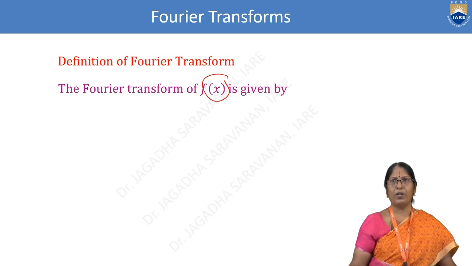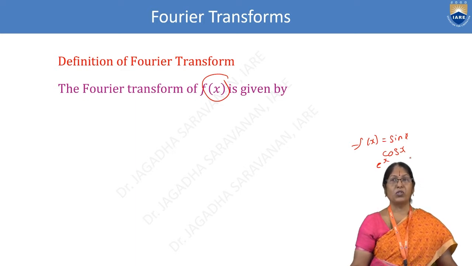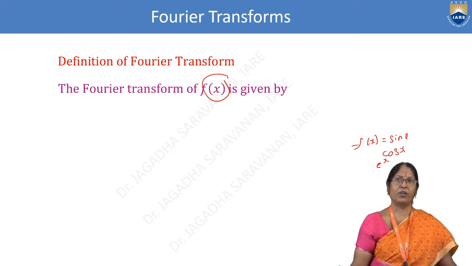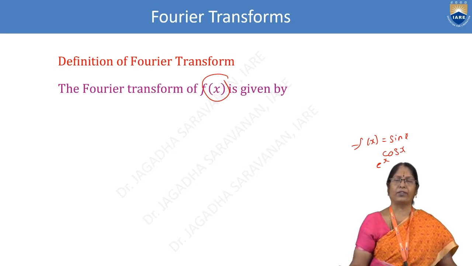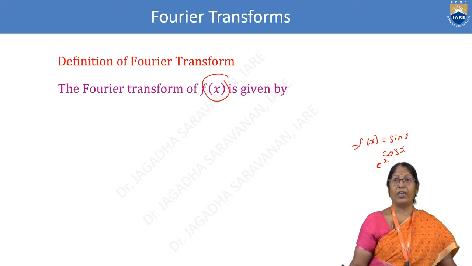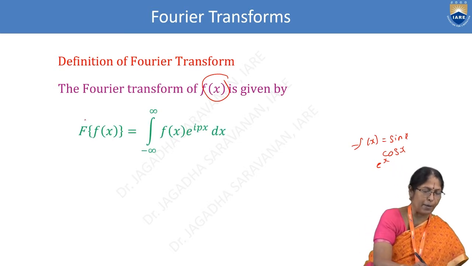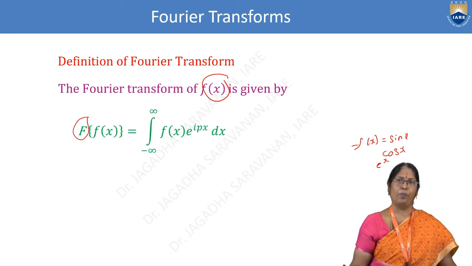If it is in the problem, f of x is sin x or cos x or e power x, any trigonometric functions or algebraic functions or exponential functions will be given in the place of f of x. So, the Fourier transform of f of x is defined by the capital F, which represents Fourier transform.